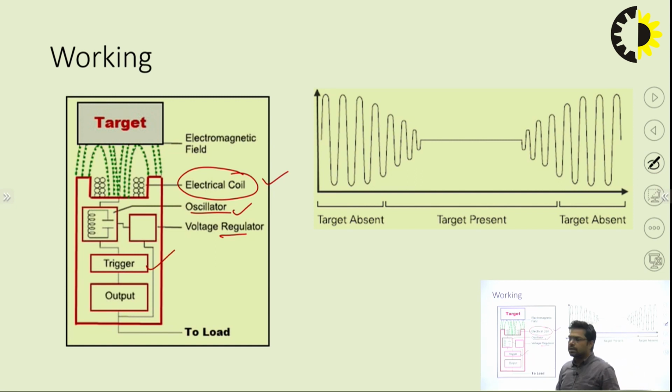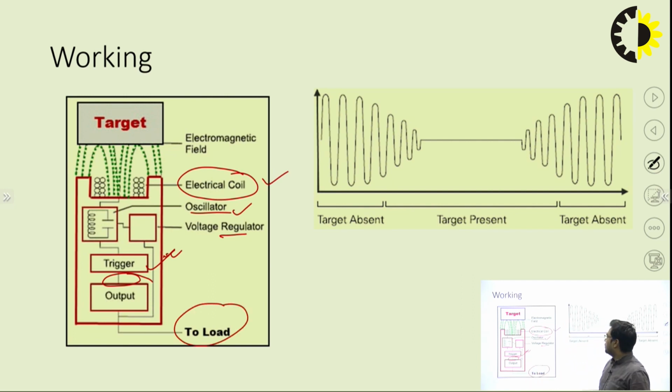They use a trigger circuit to provide the on and off signal. If the target comes into this range, the trigger turns on, meaning the sensor is on; otherwise it turns off. Another block is the amplifier, which amplifies the signal given to the load circuit. This can be explained with this diagram.